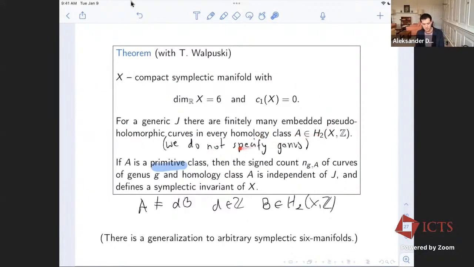So in that case, you could have both. But I believe that if you fix the genus, you could prove this result using Gromov compactness and tools from pseudo-holomorphic map theory, similar to the tools I'm going to discuss. Okay, thanks.